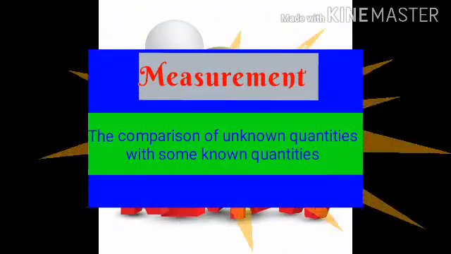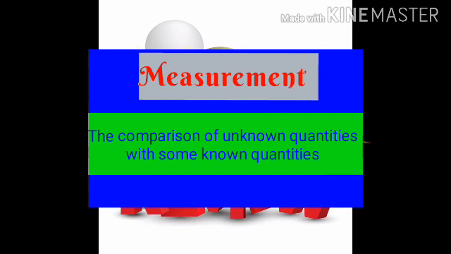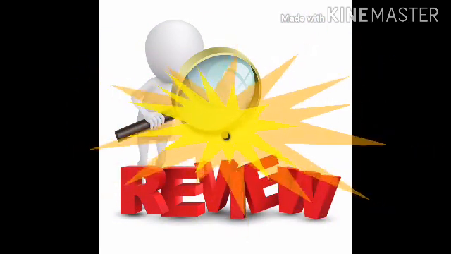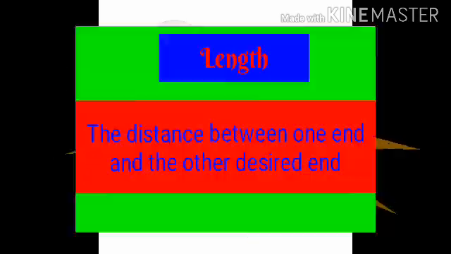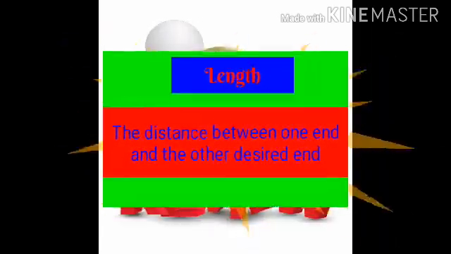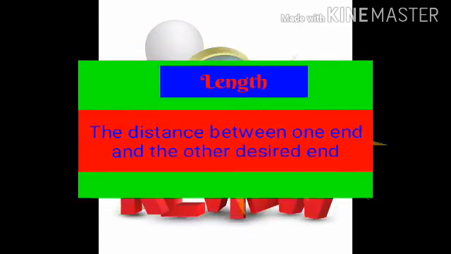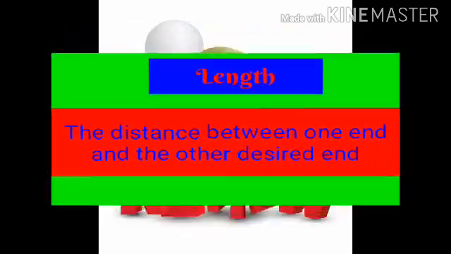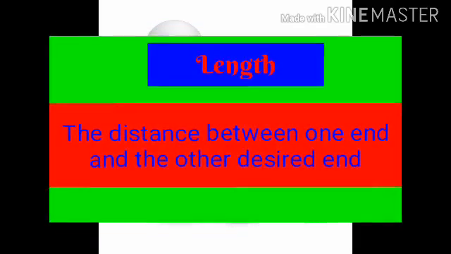First, what is measurement? Measurement is the comparison of unknown quantities with standard quantities. Next, what is length? The distance between one end and the other desired end is called length.